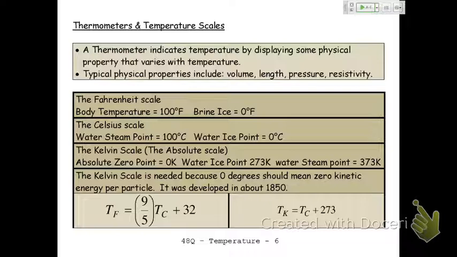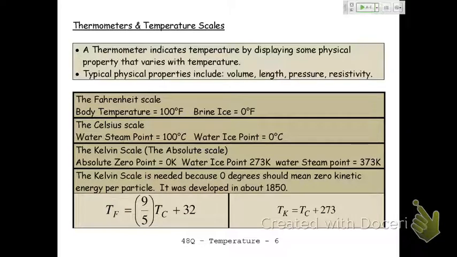I can use the fact that gases expand as you change their temperature. That's a way of measuring temperature. I can use the fact that liquid crystals, like you have on your calculator and the like, sometimes change color depending upon the temperature.